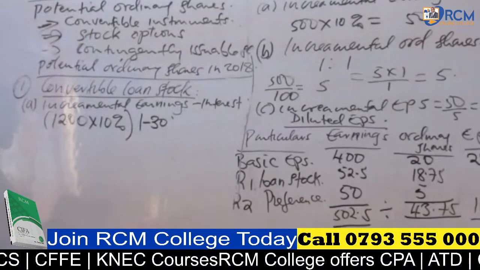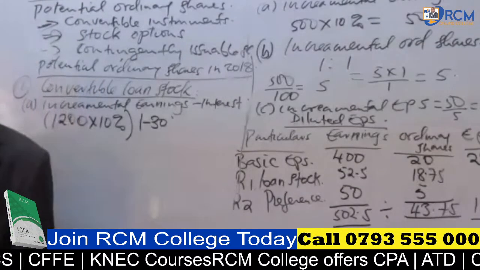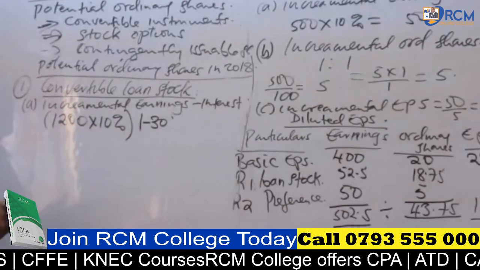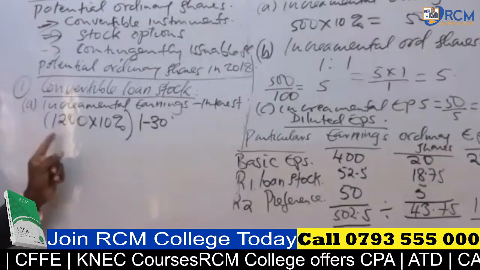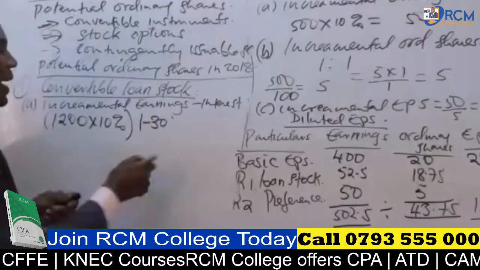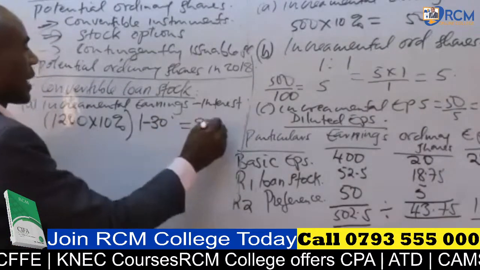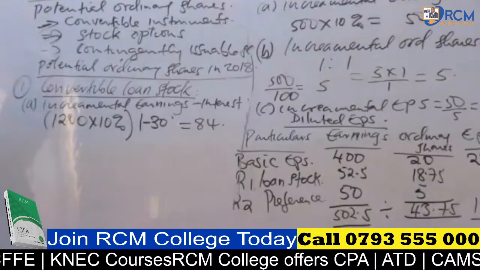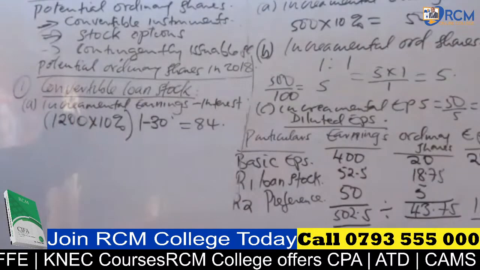On interest, we said we factor in the tax shield. Therefore, it will be 1,200 times 10% times 70%. I believe you are getting 84. That is correct, 84. Thank you very much, Linda Wanjira.